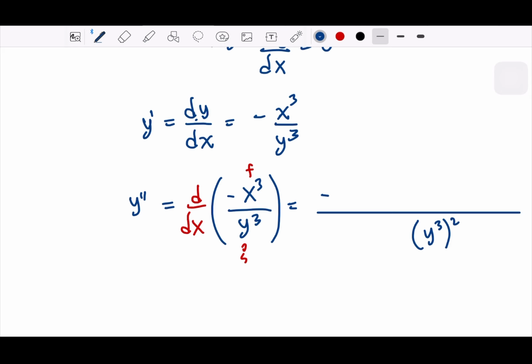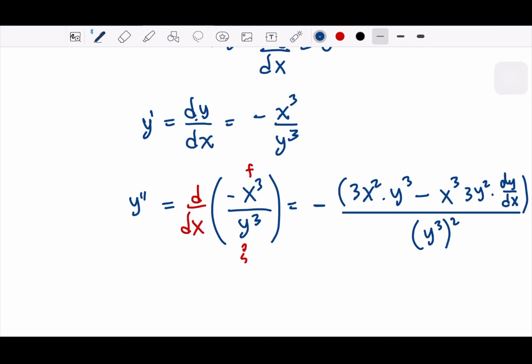Or maybe let me take the negative outside, so I will focus on the positive first. So 3x squared, and then y cubed minus the x cubed, and then 3y squared, and then dy over dx. Or if you want to write y prime, that's okay.